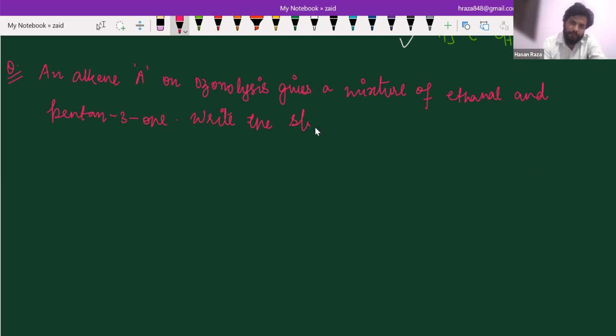Write the structure first and the IUPAC name of the alkene.